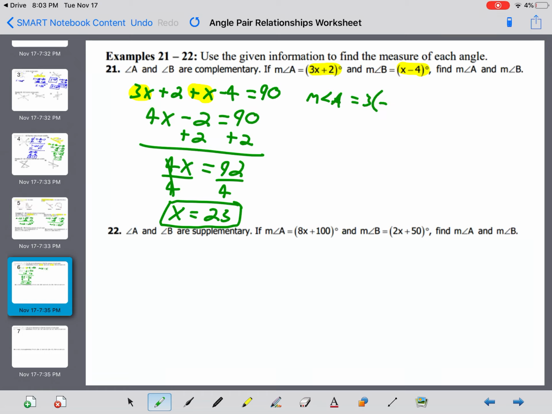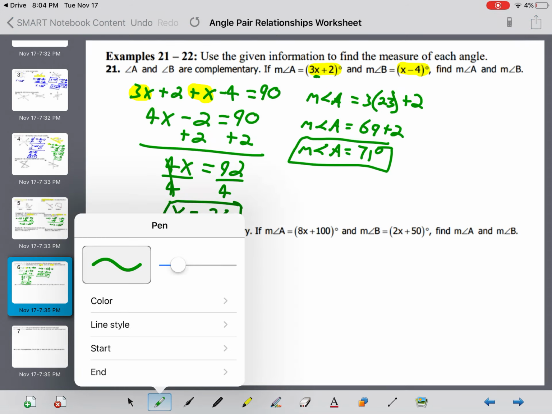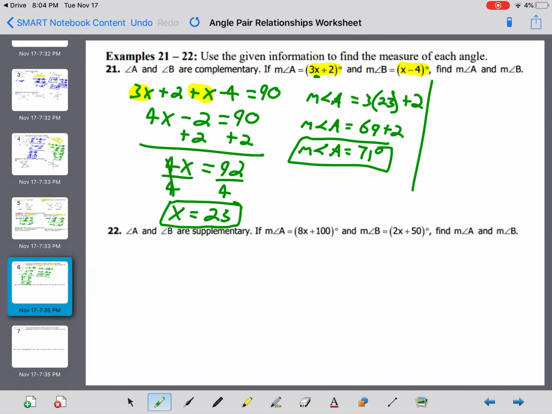is equal to 3 times 23 plus 2. Notice I just took 23 and plugged it in for x. The measure of angle A, 23 times 3 is 69 plus 2. Measure of angle A is 71 degrees. Okay.